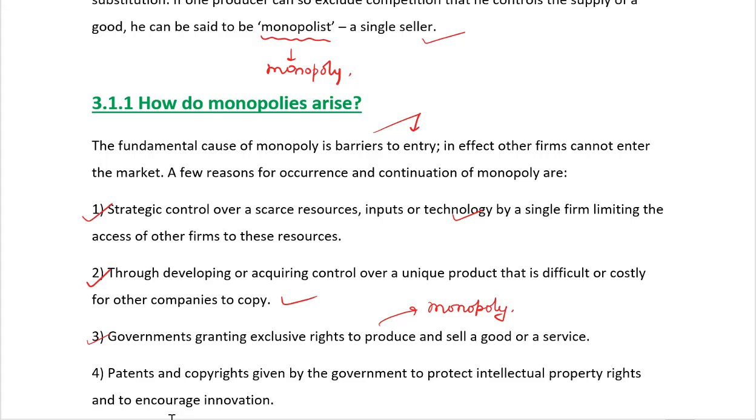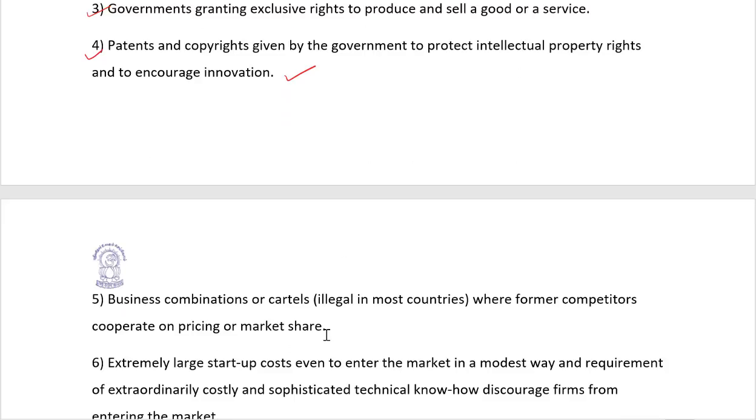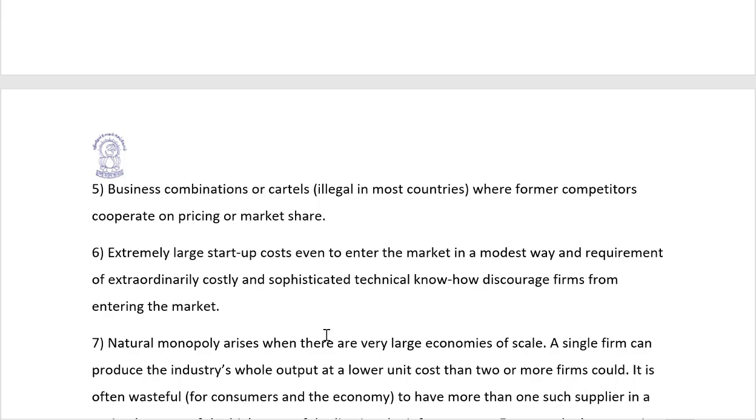Fourth, patents and copyrights given by the government to protect intellectual property rights and to encourage innovation constitute monopoly.